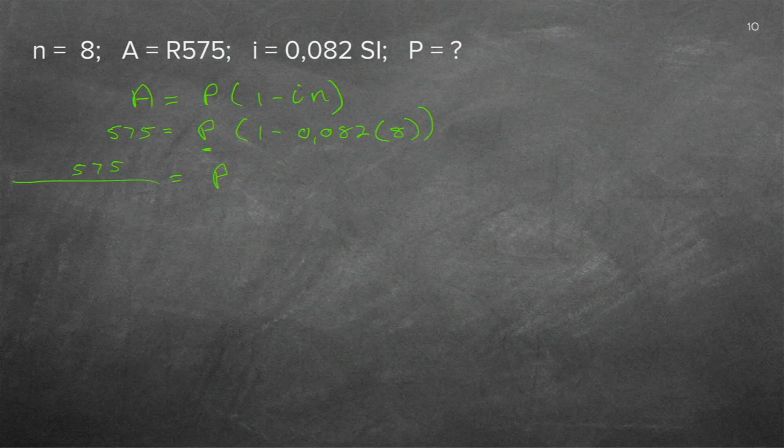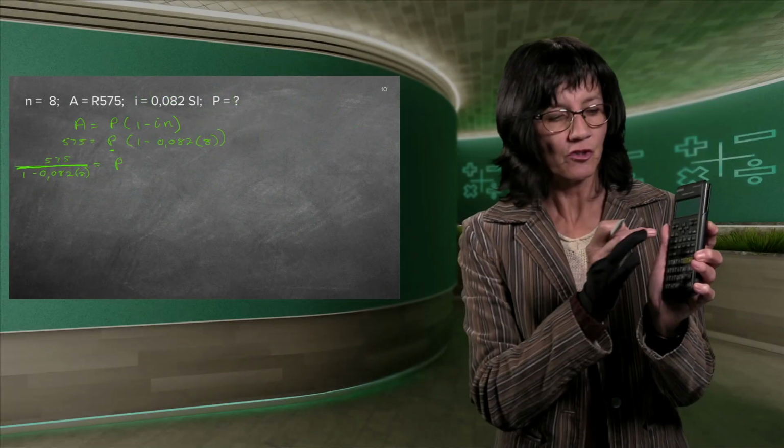That side disappears now. 1 minus 0.082 times 8. Can you see this time I'm not putting a bracket around the bottom, because remember what I said previously, that line there means divide, but it also means stay together. Keeping together is just as good as a bracket. So now you grab your calculator, and I'm going to use the fraction button, which is right on the left.